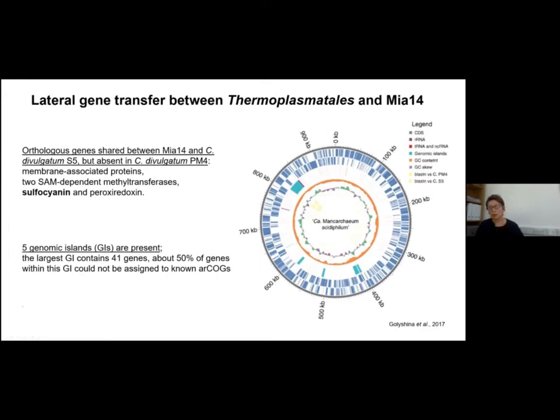Quite interesting was the feature that we compared genomes of 2 different strains of Cuniculiplasma and also of MIA14. And we realized that actually there is a set of orthologous genes shared between MIA14 and the Spanish strain Cuniculiplasma divulgatum, but these genes were absent in Cuniculiplasma divulgatum PM4 strain.